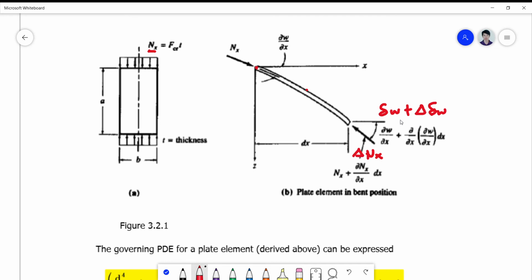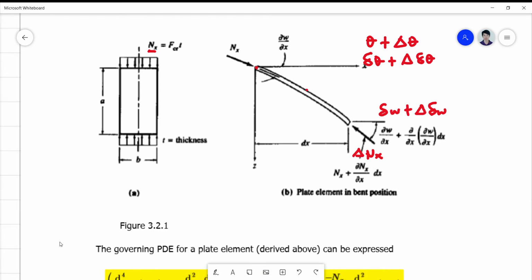It's just like saying that the slope theta at this side is simply theta plus delta theta. Now, since it's already an increment delta theta, we can make use of delta theta as the parameter to represent your slope or angle at the far end side.